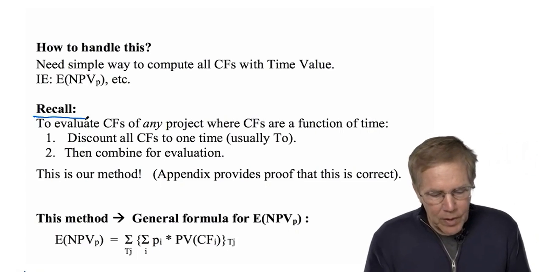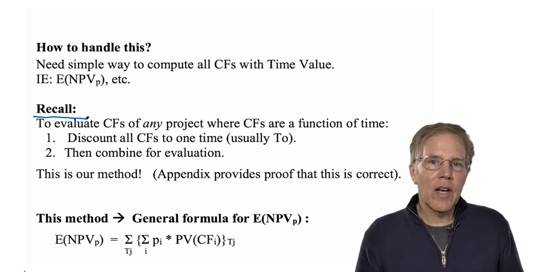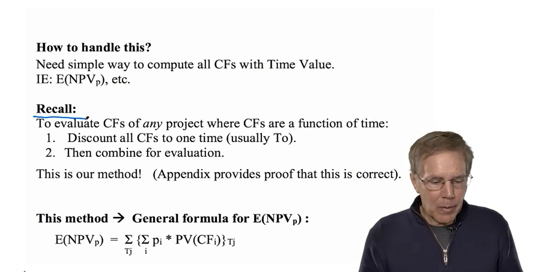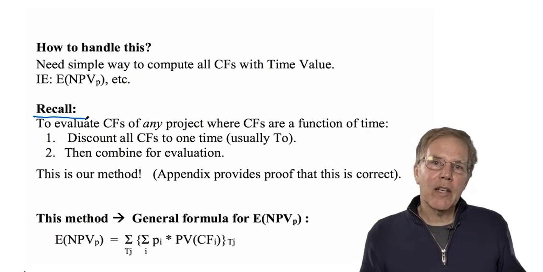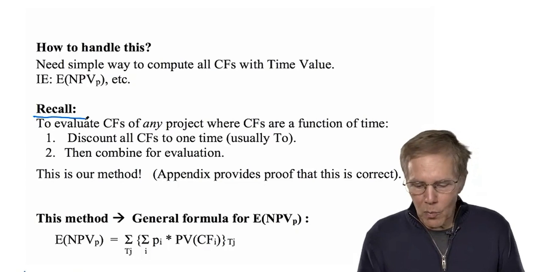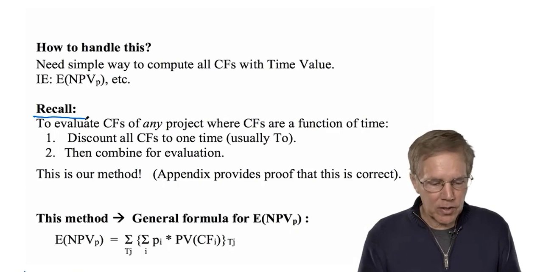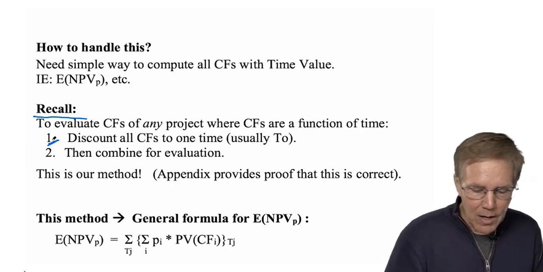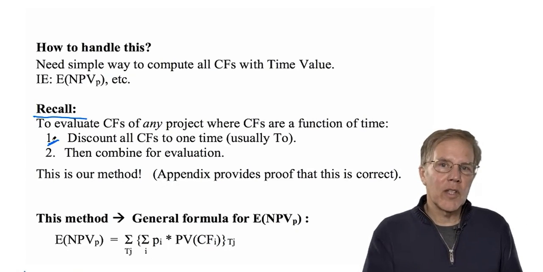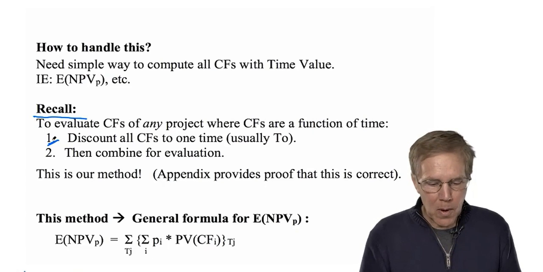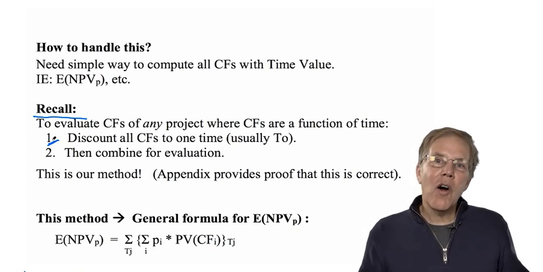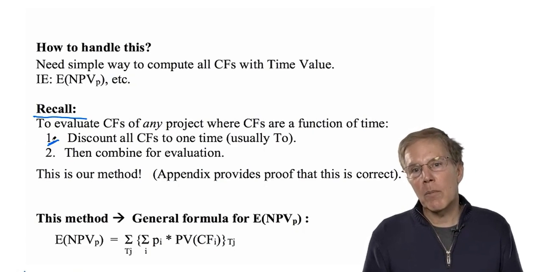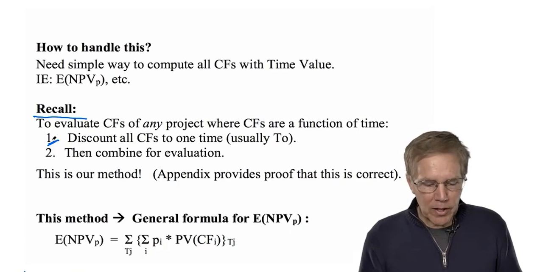Remember, as we learned in our review chapter, and as you learned with Professor O'Dan Mathematics of Money, to evaluate the cash flows of any project for one player when the cash flows are a function of time, step number 1 is we want to discount individually all of those cash flows back to a convenient time, usually t equals 0. Once we've got that, all our cash flows for the project now are on an apples-to-apples basis, and we can combine them in any way we need to evaluate the project.